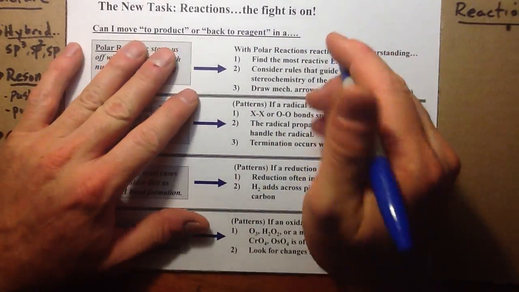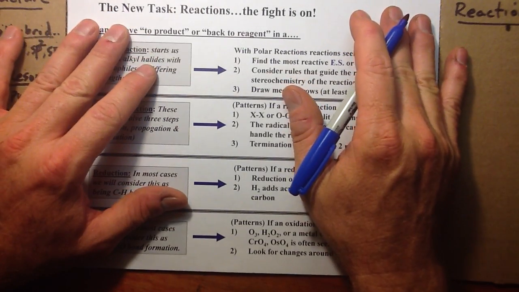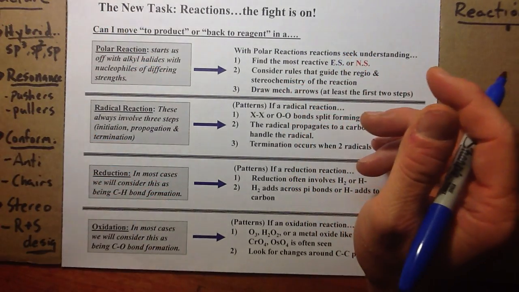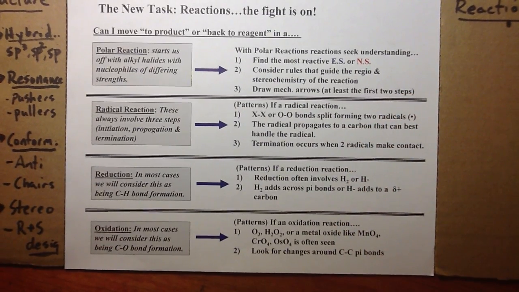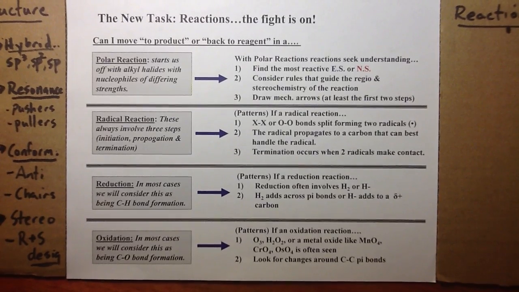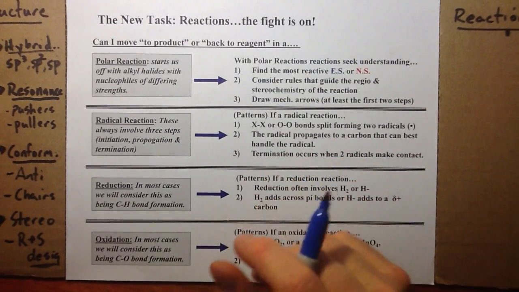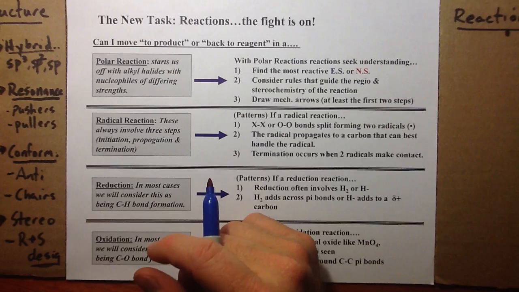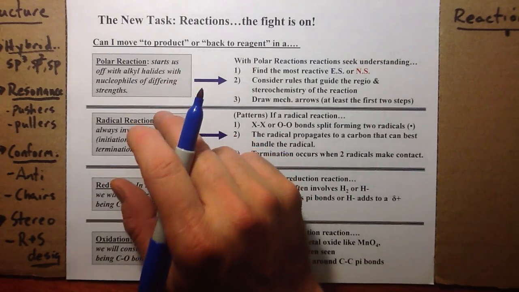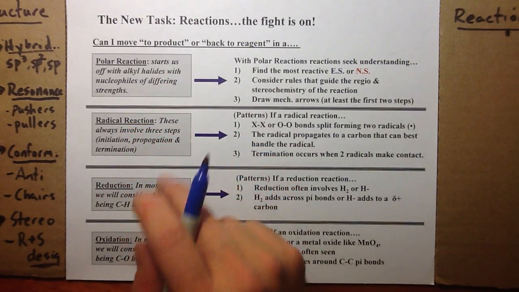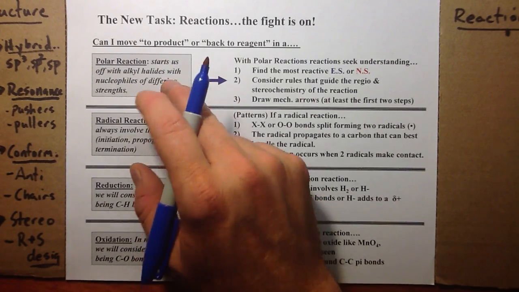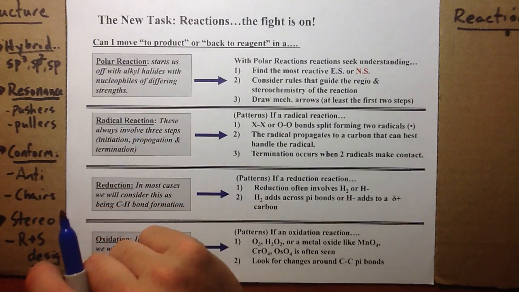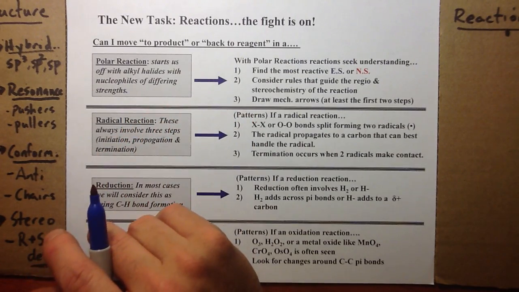Well, just before we get started in all the details of the reactions we're going to be considering, it's probably best to go ahead and consider the different types of reactions we can have. Different types of reactions that fall under polar reactions. These are very minimal: radical, reduction, oxidation. So the polar reactions will be given the emphasis for most reactions in the 12 presentations.